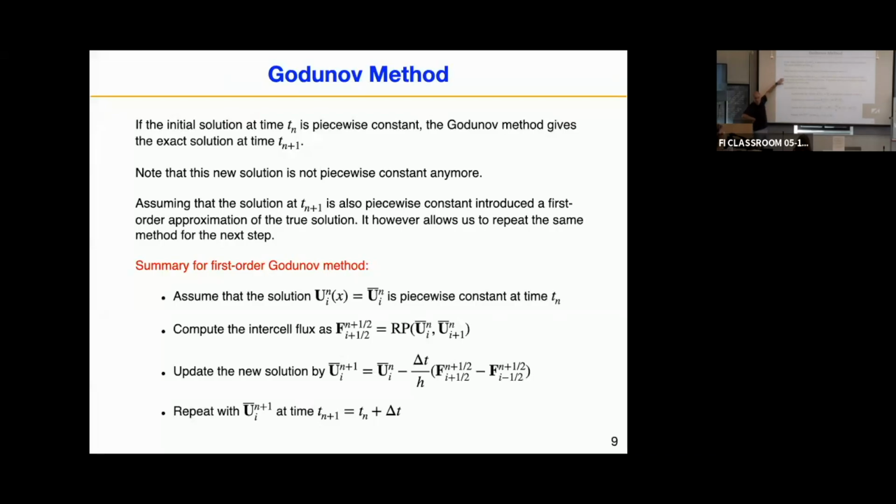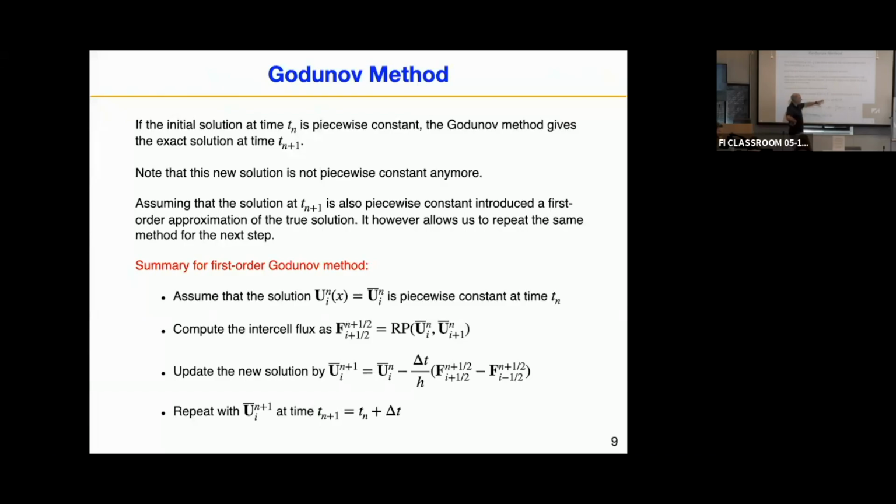I'm not going to show it here. It's first order accurate, meaning that your error is of order H. You're making an error which is proportional to H, the size of the mesh. So that's the price to pay to make this piecewise constant approximation, to have a numerical error which is of order H.